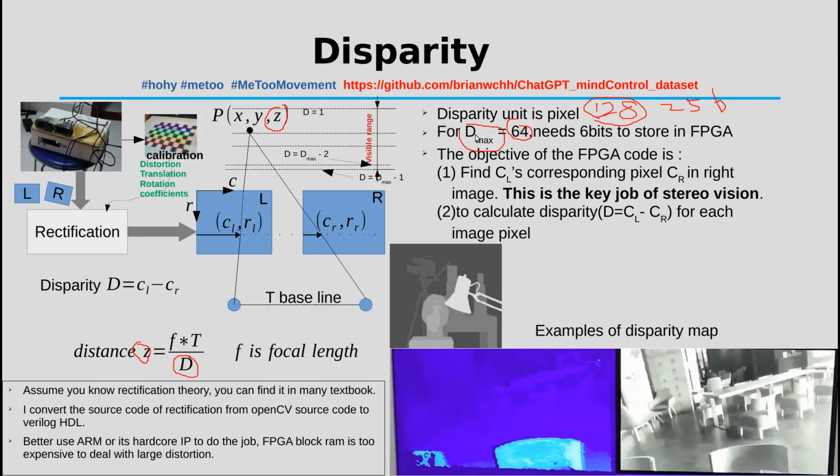That means this is the closest point you can observe with this stereo vision. This is the closest distance, and this is the farthest distance you can observe, when d equals 1, disparity equals 1.